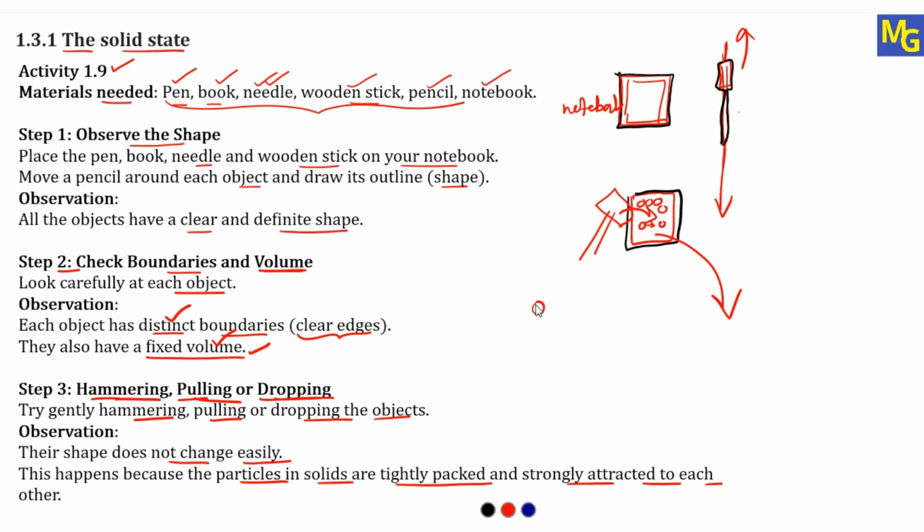For example, if this is one particle, and this is another particle, one particle will attract the second particle towards it, and the second particle attracts the first particle towards it, and the same process occurs with all the particles in this material. Because of this, all these particles remain together, remain packed, and therefore if you try to break it with the hammer, they will not easily break into pieces or into particles.